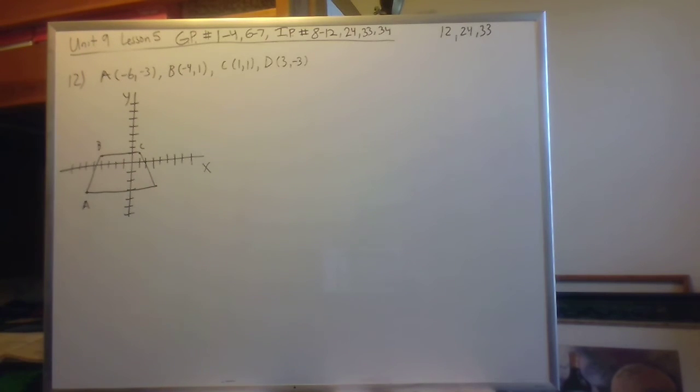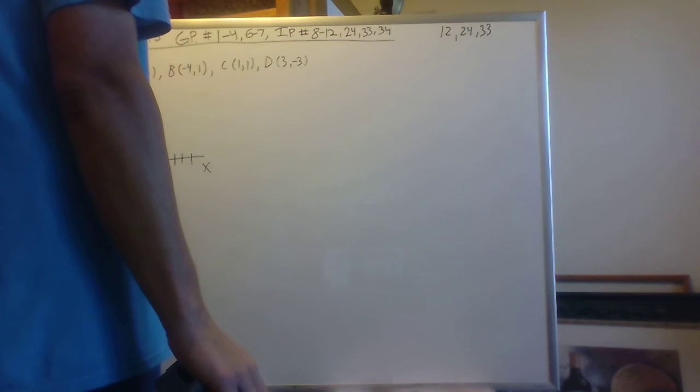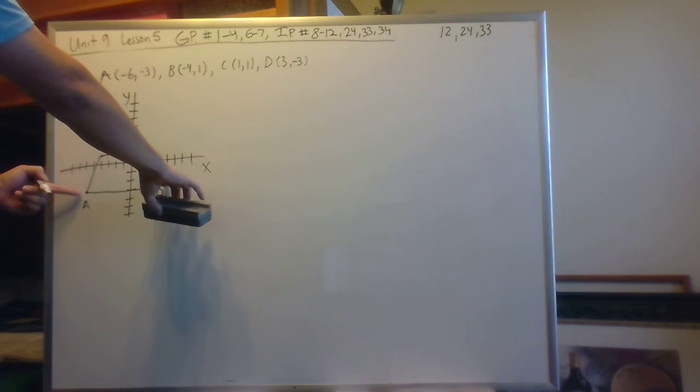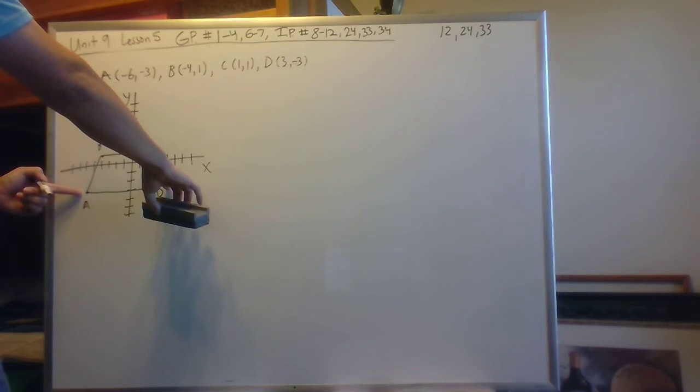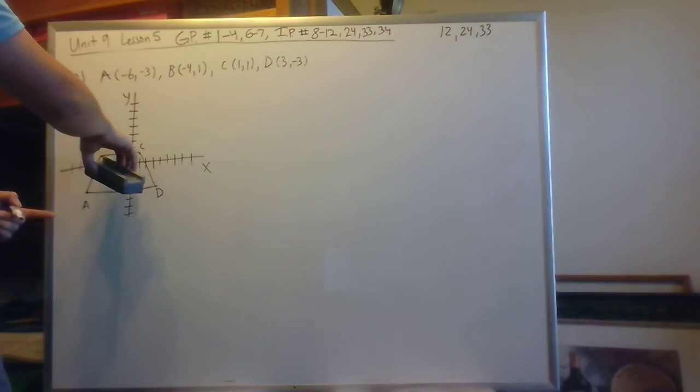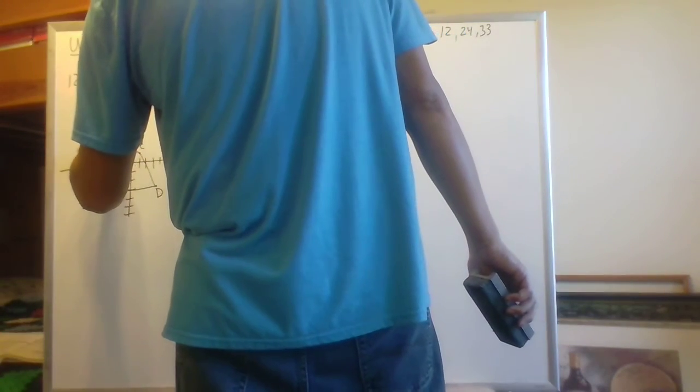And notice B and C and A and D, they are on the same y coordinate. So A and D are both at -3 and B and C are both at 1. So I know that their slopes are going to be 0 and that they're parallel.